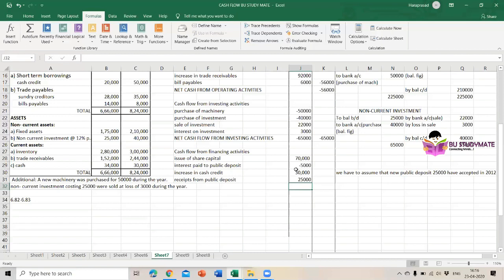And in the cash from operating activities, there we have to write down the interest on non-current investment. We have received the interest of 25,000, so we have to give back the interest amount.